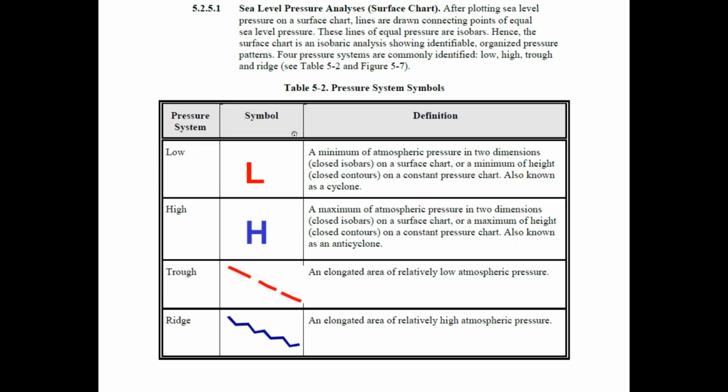As an example, like Salt Lake sometimes in the winter, you'll get an inversion, and what happens is the low pressure system will come into the valley, and it can't escape. It's got mountains on this side, mountains on this side.